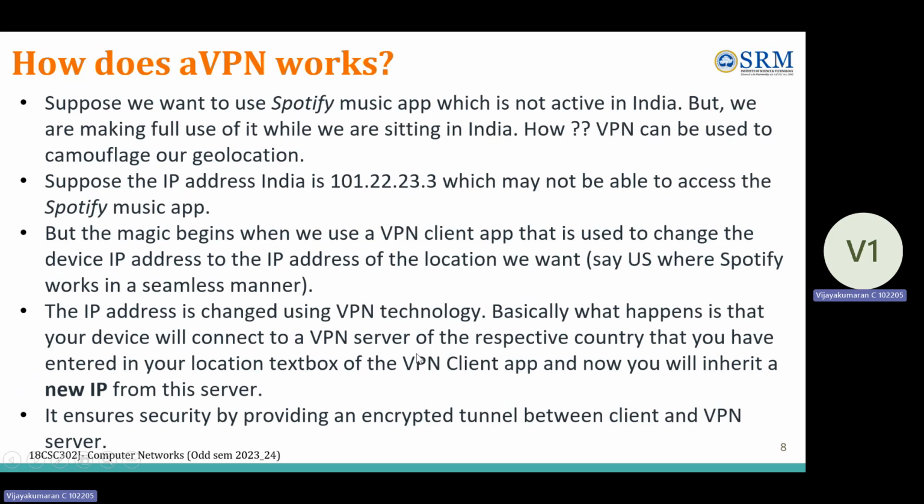So no one can intercept the communication between this client and server. It ensures security by providing an encrypted tunnel, as I told you, an encrypted tunnel between the client and the VPN server. The encrypted tunnel provides a secure way of communicating between the client and server.